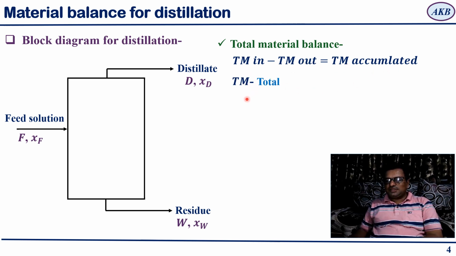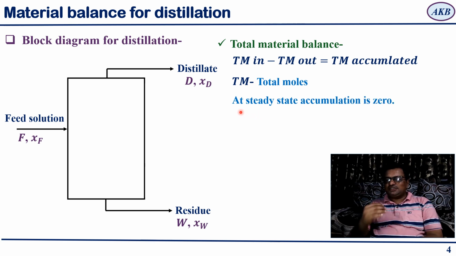What is Tm in this case? Tm is total moles. So total moles into the operation minus total moles out of the operation is equal to total moles accumulated within the operation.